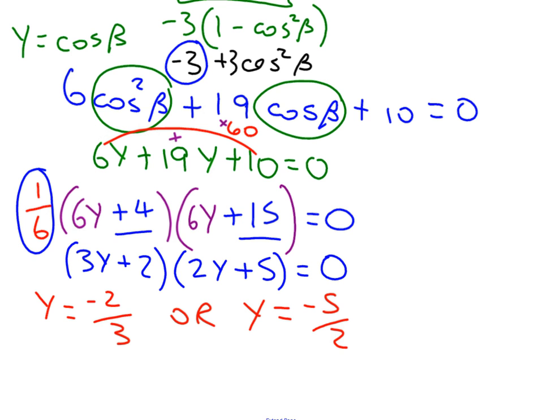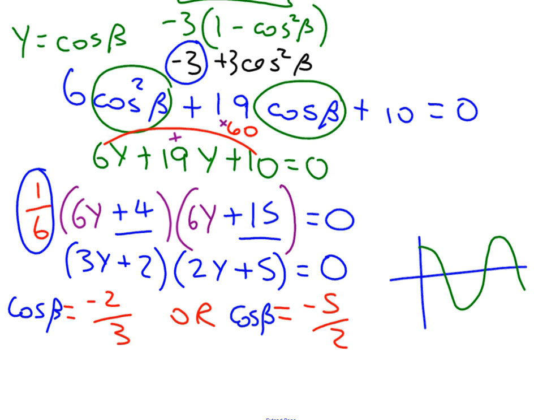Let's think about what y was. Y was cos beta. So cos beta equals minus 2 over 3, or cos beta equals minus 5 over 2. Alarm bell should be going off. Cos is a function that goes between 1 and minus 1. This is not valid.